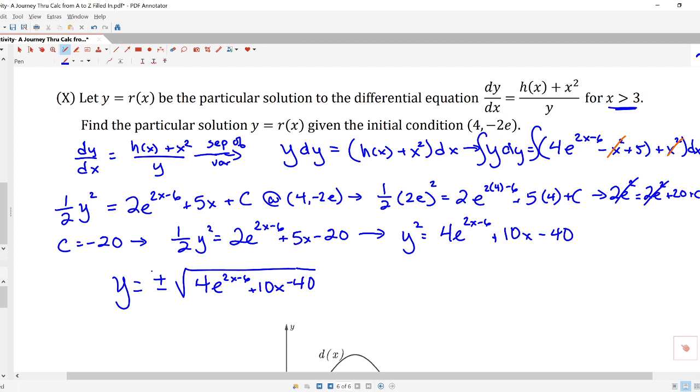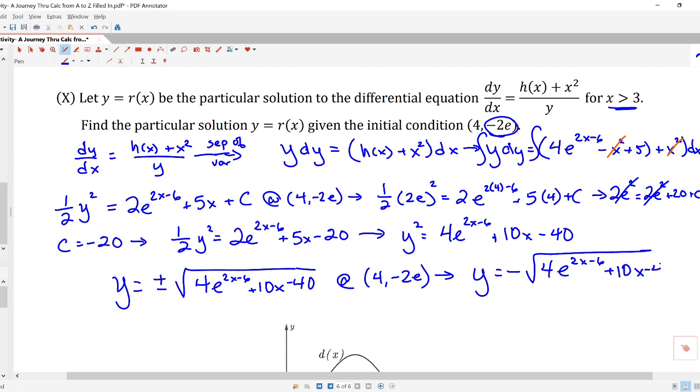In order for y, the y coordinate, to be a negative answer, then y must be the negative square root, because square roots are always positive. So in order to get negative 2e out, you would have to keep the negative portion of that square root.